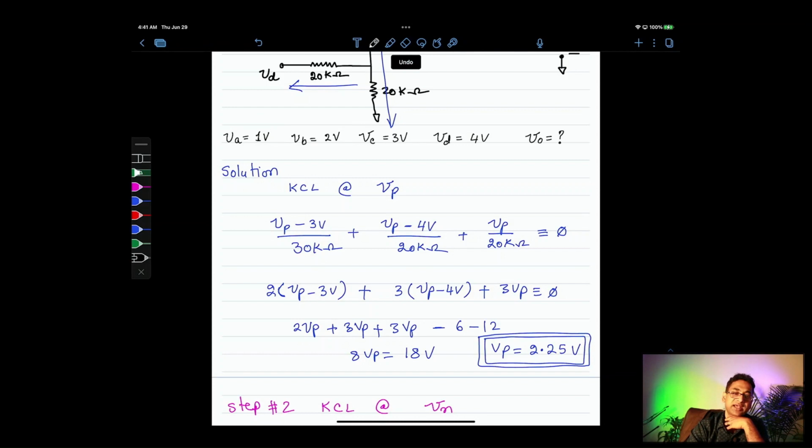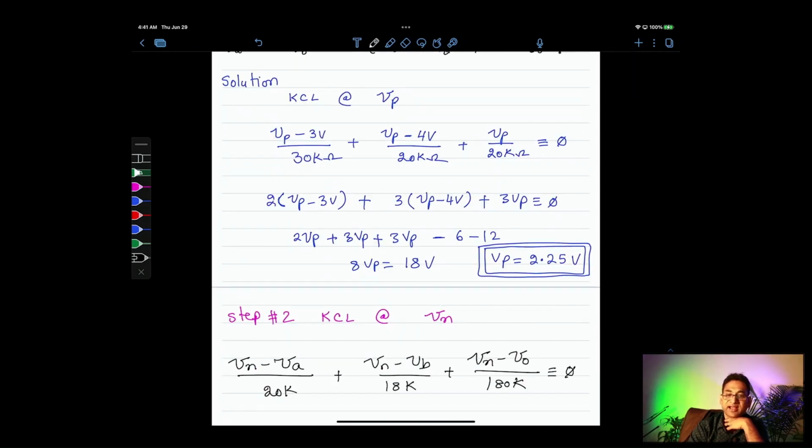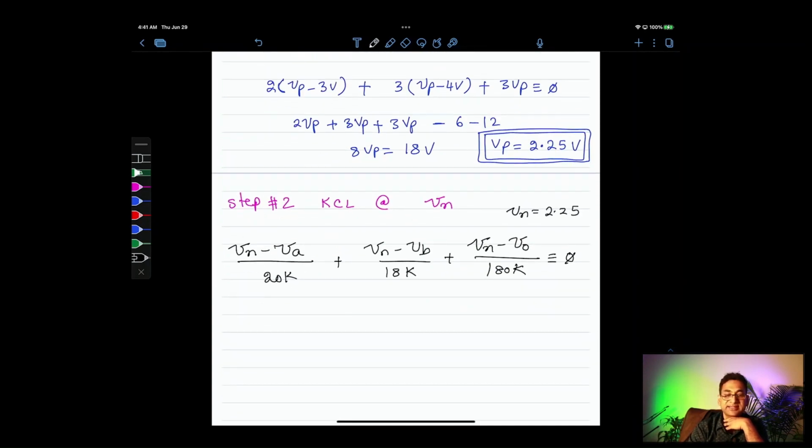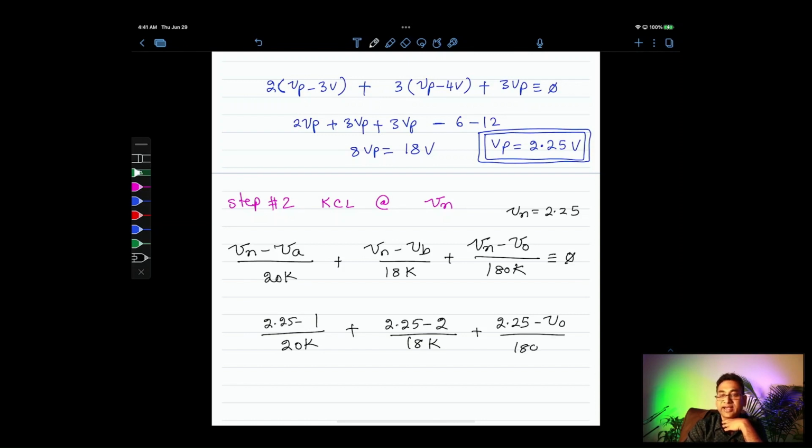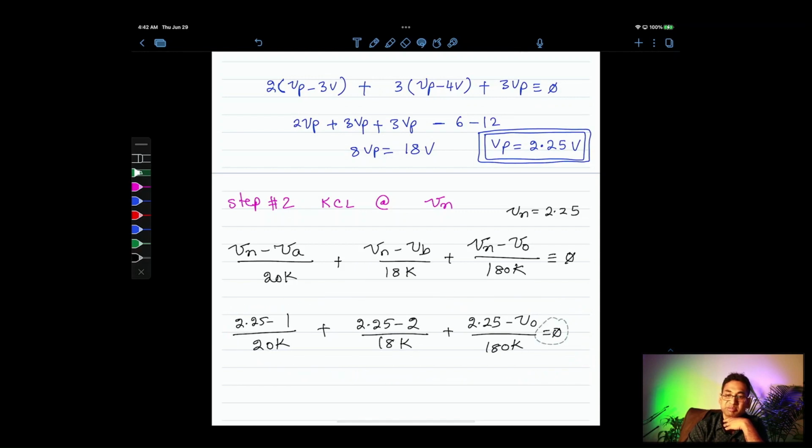So we know these values, and we just figured out that Vn value is 2.25. So 2.25 minus 1 by 20k, plus Vn is again 2.25 and Vb is 2 volts, that's the given value, over 18k, plus 2.25 minus Vo over 180k is 0. Simple, simple, simple.